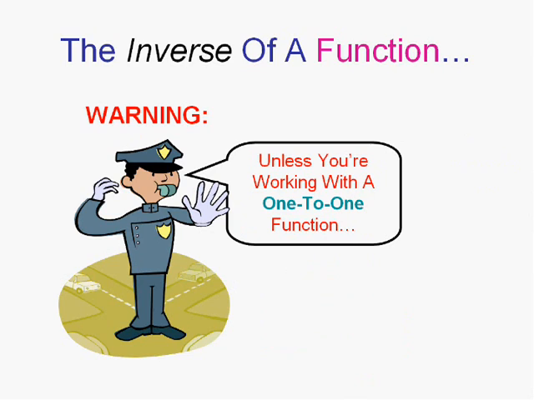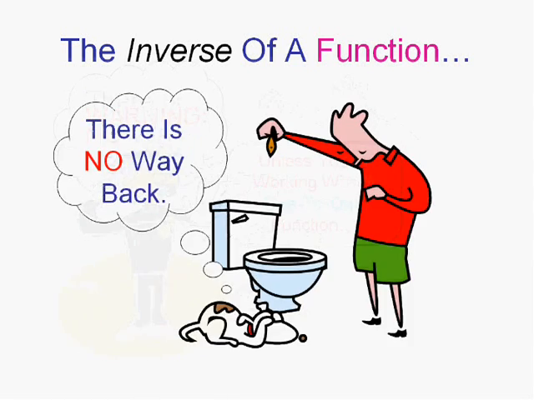The reason we're talking about one-to-one functions is that unless a function works both ways, there isn't a way back. So a function only has an inverse if it is originally a one-to-one function. Otherwise, there's no way back anyway.